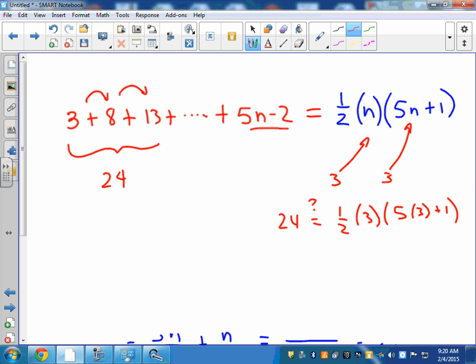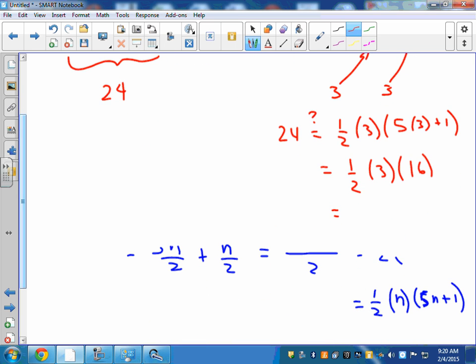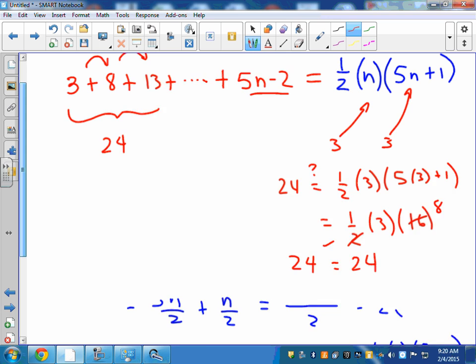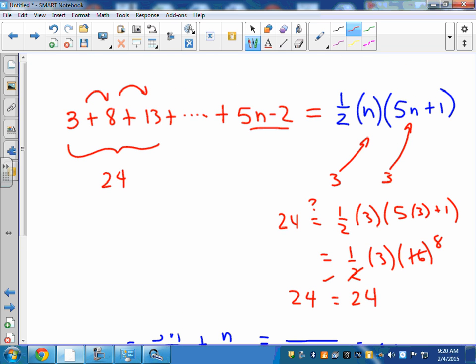So that's the question. Well, I don't see anything really easy right off the bat. 5 times 3 is 15 plus 1 is 16. Okay, so 1/2, right, there's a cancel here. 2 goes into 16 8 times, and 3 times 8 is 24. So yeah, it does work. Okay, so it looks like my nth partial sum formula is correct, even though it looks really ugly.